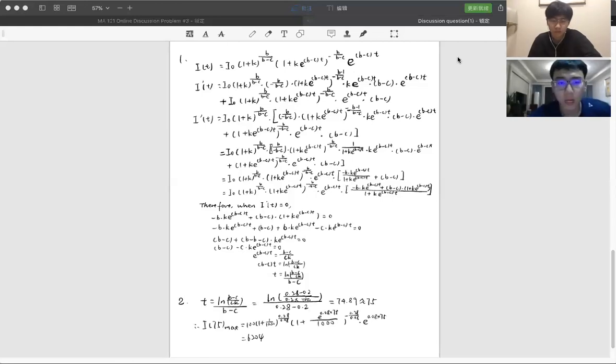According to I prime t, if we want I prime t to become 0, which is a critical point of I(t) at which it reaches its extreme point, we need the numerator in the bracket to be 0, which is minus b times k times e to the power of (b minus c) times t, plus (b minus c) times (1 plus k times e to the power of (b minus c) times t).